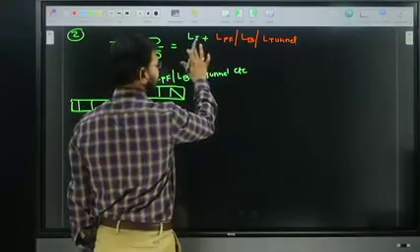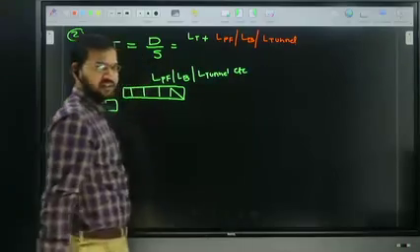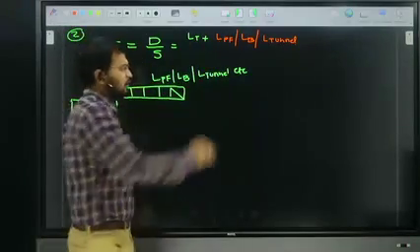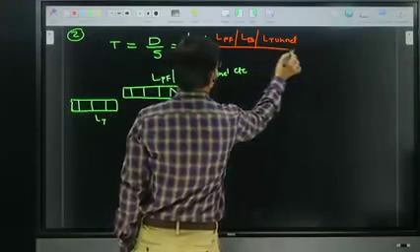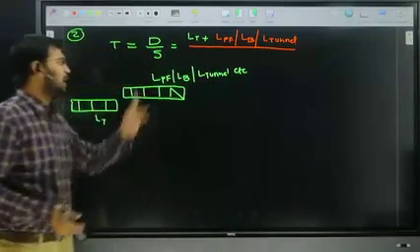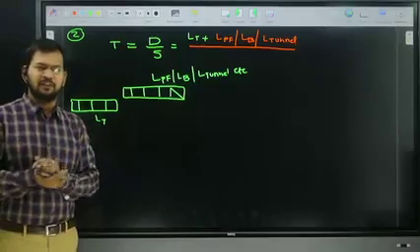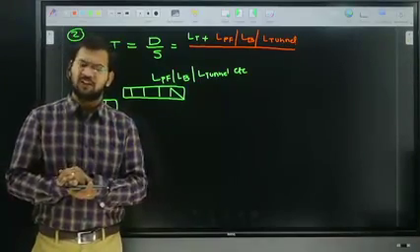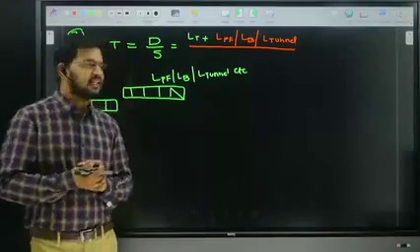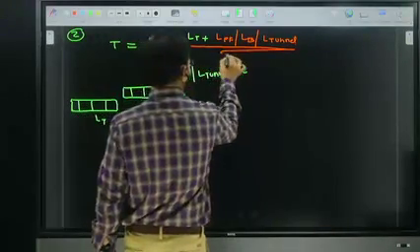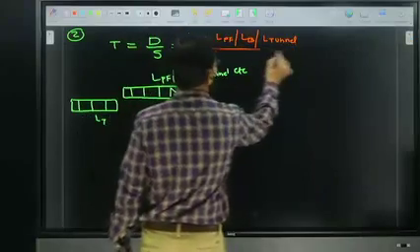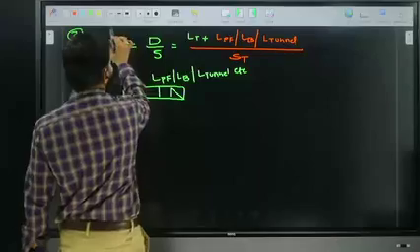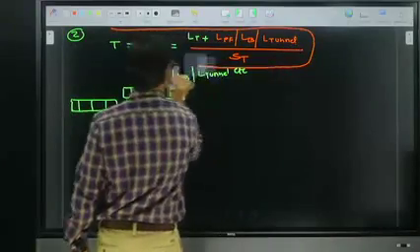So length of the train plus length of the second object, divided by speed. Here, which one is in motion? Platform is not in motion, tunnel is not in motion, bridge is not in motion, only the train is in motion. That is the reason, in place of speed, I am going to take the speed of the train. So this is the second point you have to remember, all of you.